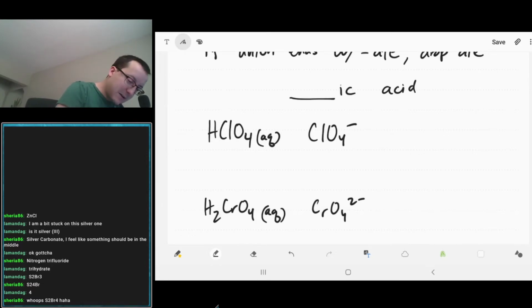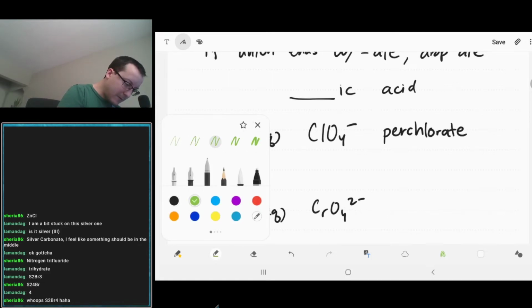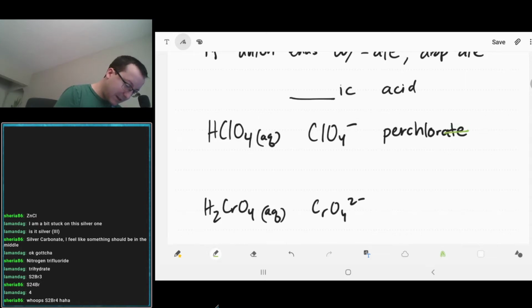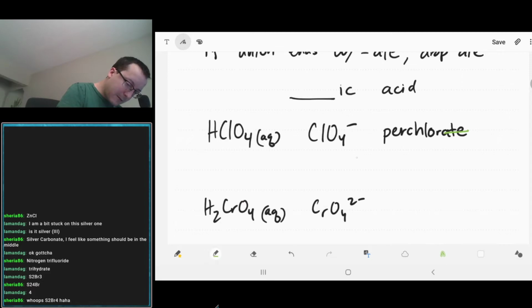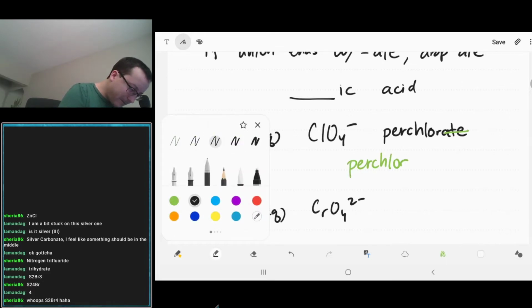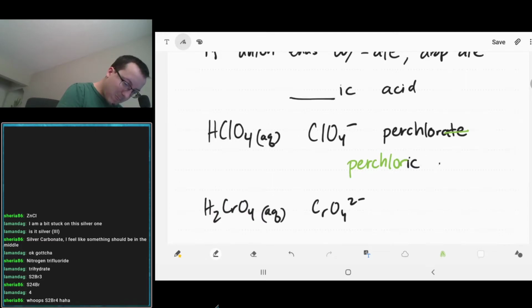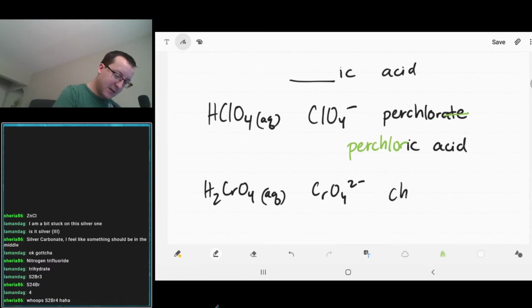Okay, this one is perchlorate. So just like before, we drop "ate" and keep the rest of it. This one is chromate.